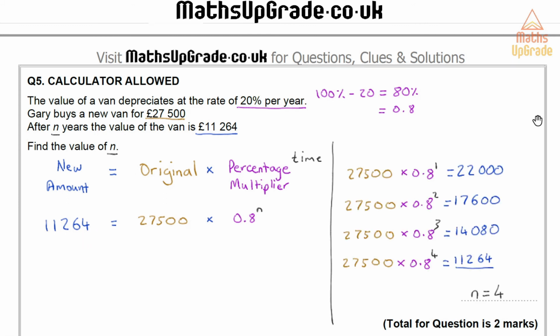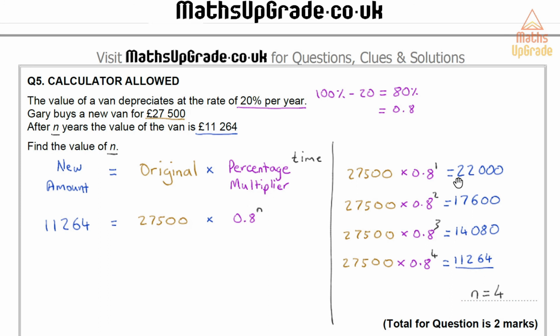The way you want to set this up on a modern scientific calculator to save yourself time is clear the screen and then type in 27,500, press the equals button, and that will then save it into the answer memory. Now clear the screen once more, press the answer key, and then type in multiply by 0.8. Now each time you press equals, it comes up with the new value after another year.